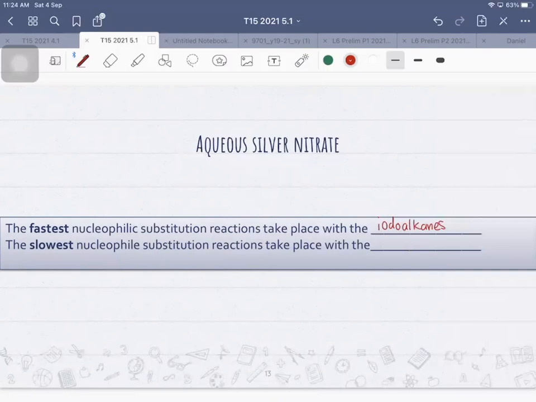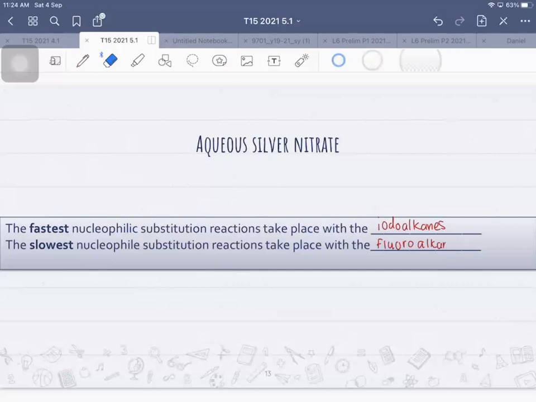The fastest nucleophilic substitution reactions would take place with iodoalkanes because the carbon-iodine bond is the weakest bond, therefore it will be the one that is broken first. The slowest nucleophilic substitution will happen with fluoroalkanes because the carbon-fluorine bond is very strong. Therefore, it will take a while for the bonds to be broken. It may or may not be broken. But for your syllabus, you will look at chlorine, bromine, and iodine, not so much fluoroalkane.